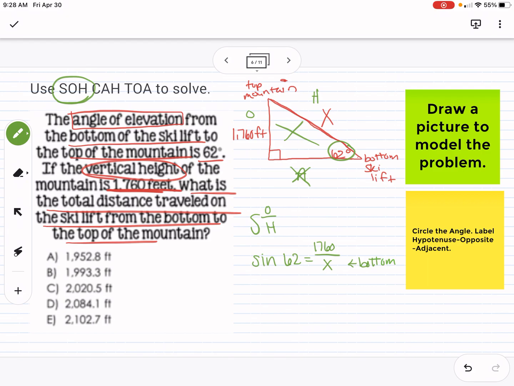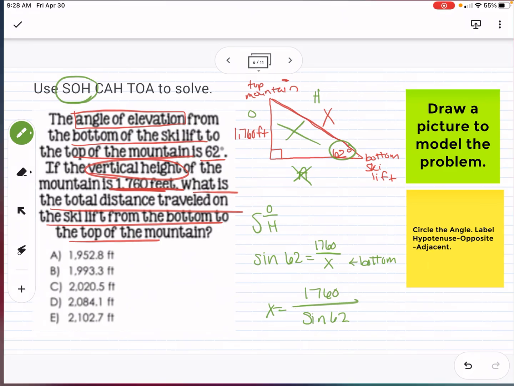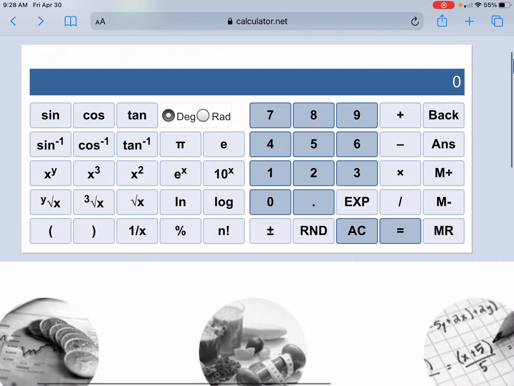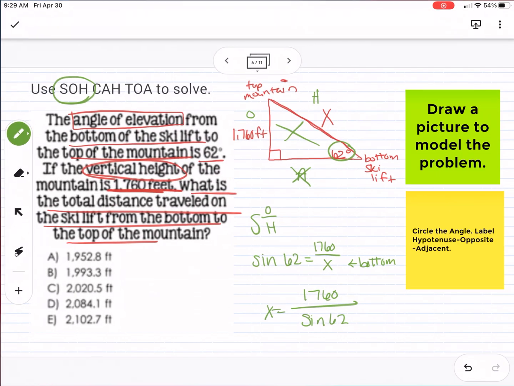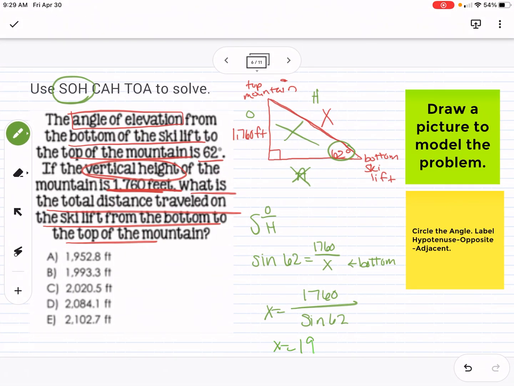So we would do 1760 divided by sine 62. So this comes out to about 1993.3. Which is answer choice B.